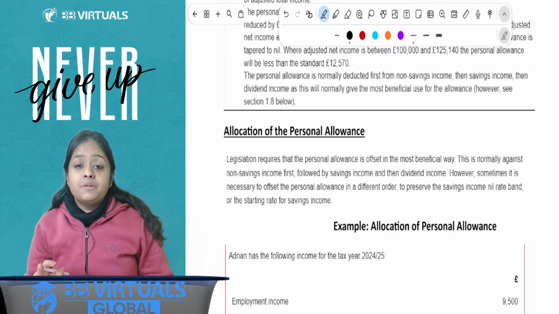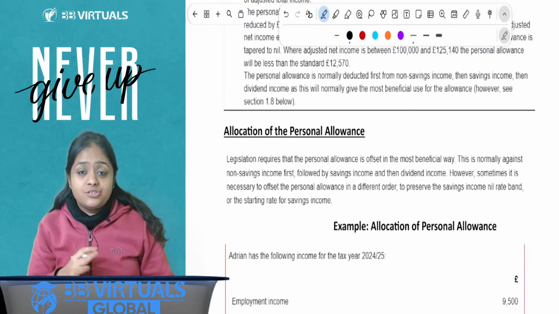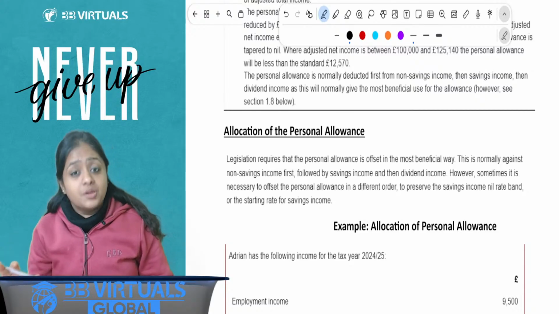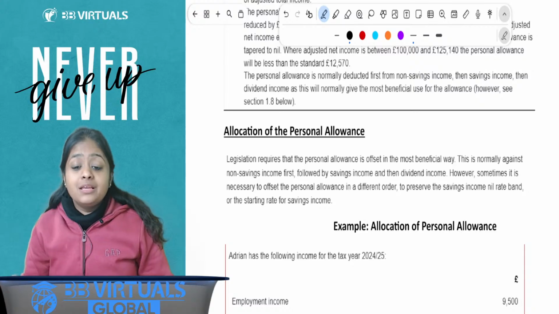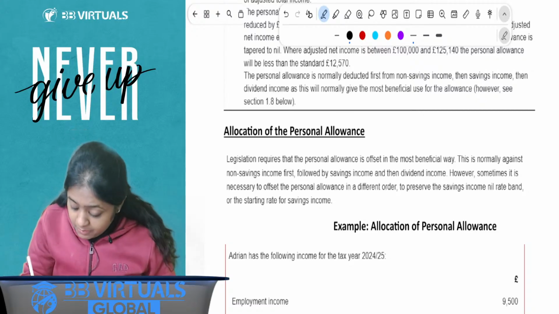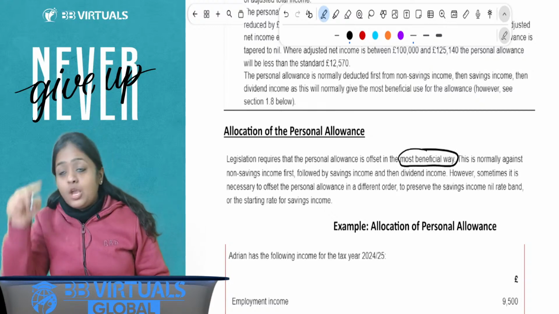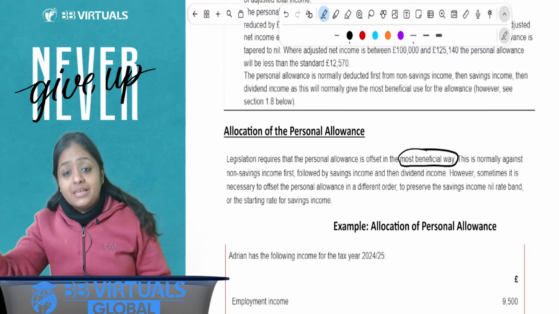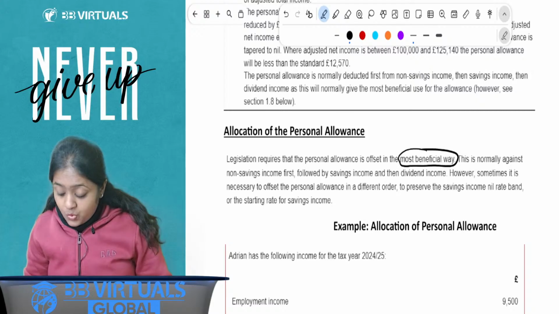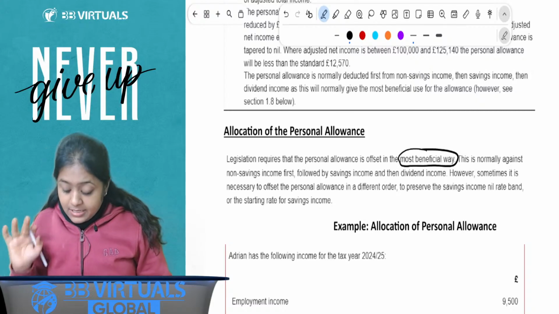For tax purposes, since we have to cover basics and have ease of calculations, ACCA has recommended that approach. But typically the law or HMRC says that you should apply PA in the most beneficial way, not in this sequence of NSI, SI and DI. So for ATX students, we will be following it this way.